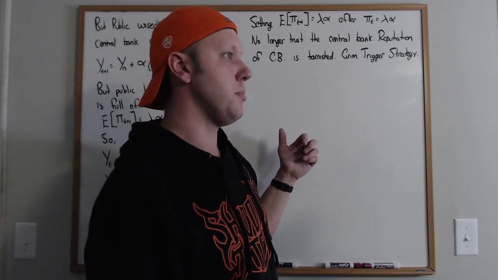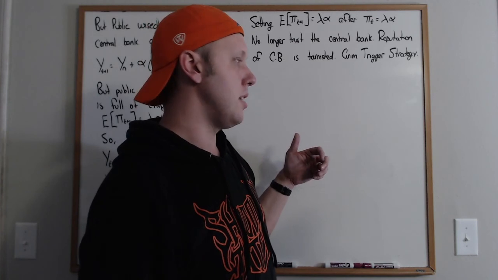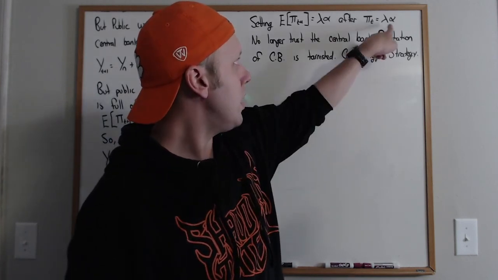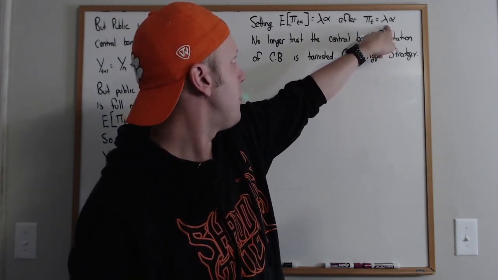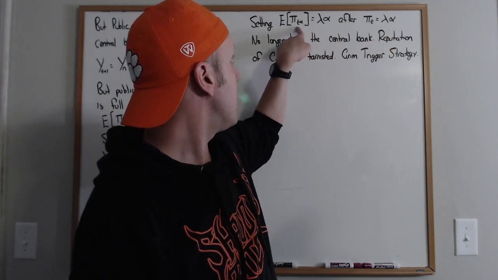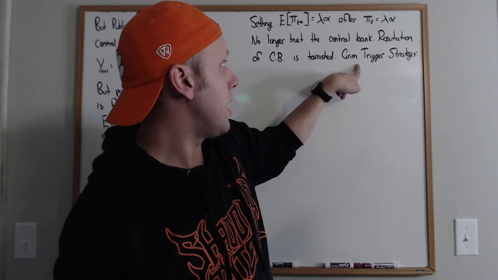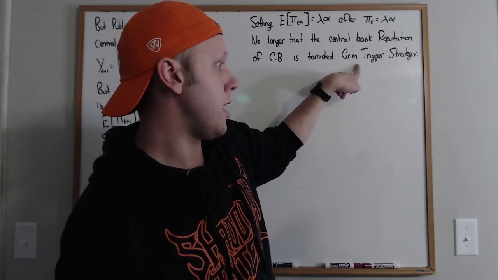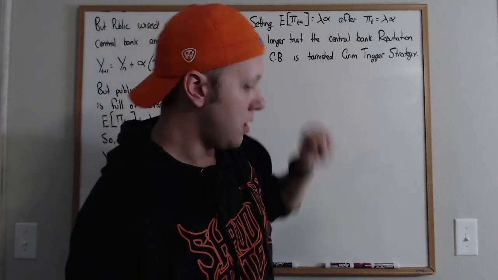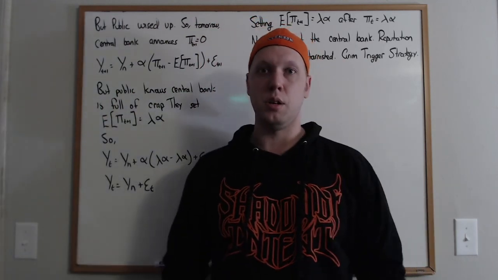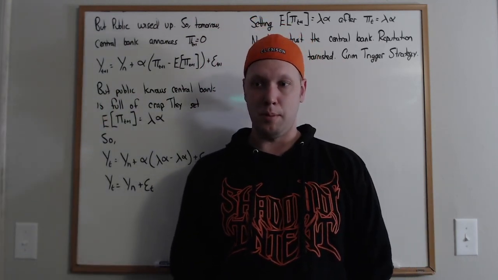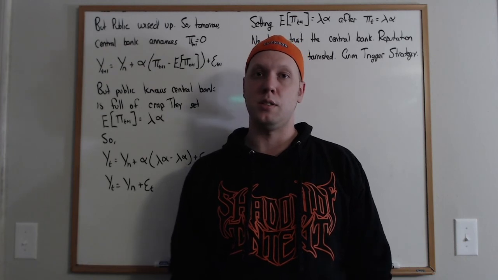But as soon as the central bank deviates from that plan, as soon as the central bank says, we can increase inflation to lambda times alpha, then the next period, expected inflation is lambda times alpha. Essentially, they just used a grim trigger strategy, right? So that is where the trigger strategy shows up in this particular game. So the next game is going to look at rational expectations and how things are a little different.